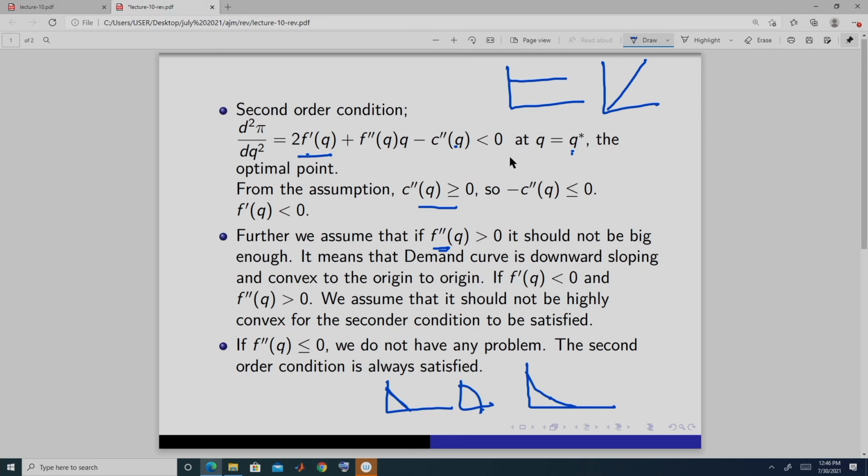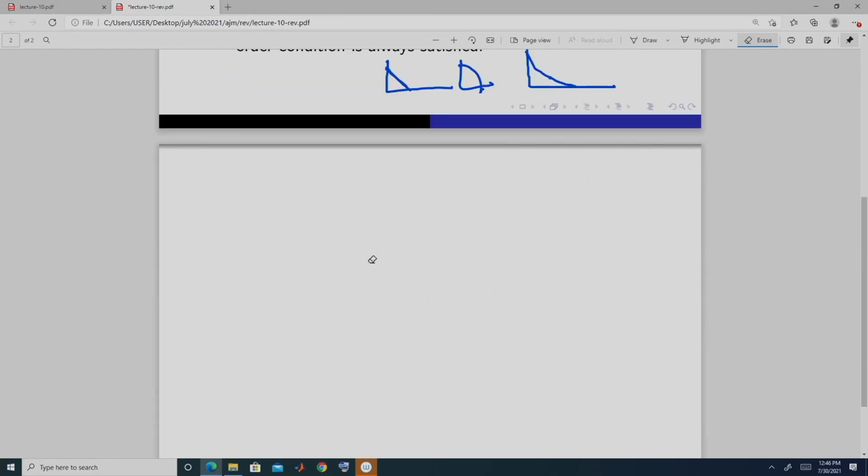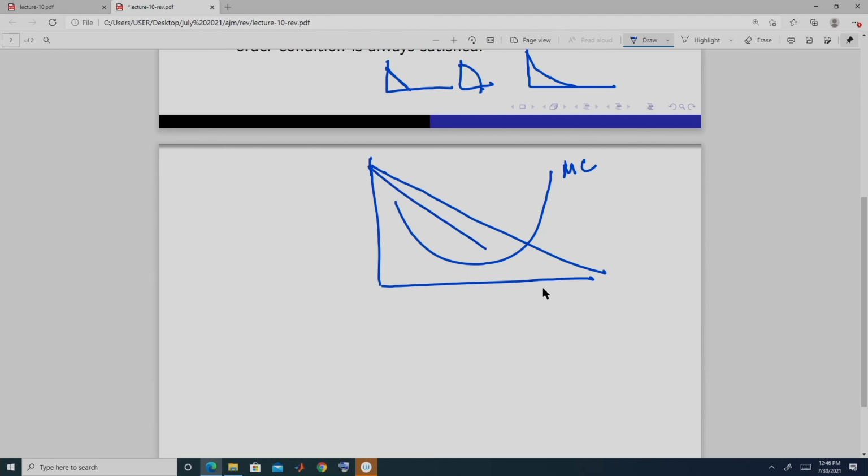Now, we have taken another example, and that is when our marginal cost curve is U-shaped. It is like this. In this situation, what do we get in the monopoly outcome? The monopoly outcome is somewhere here, and marginal cost is increasing at this point. So, even if this condition for all q is not satisfied, at least for this it has to be satisfied.